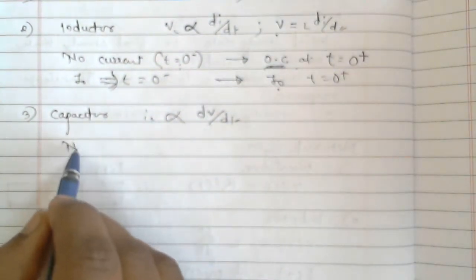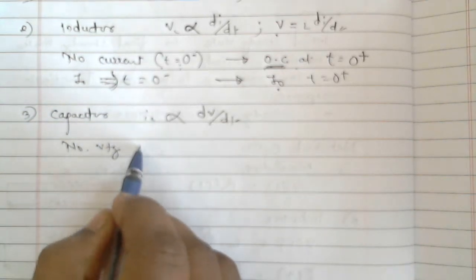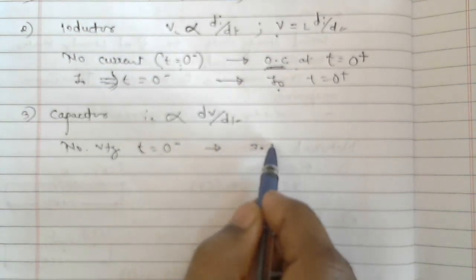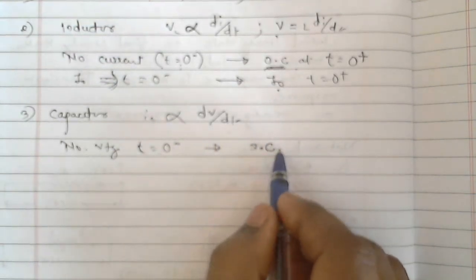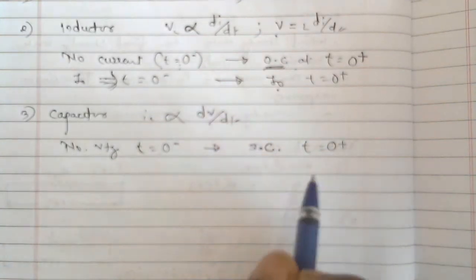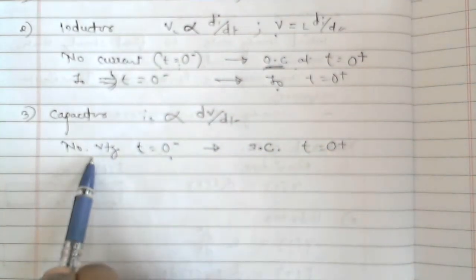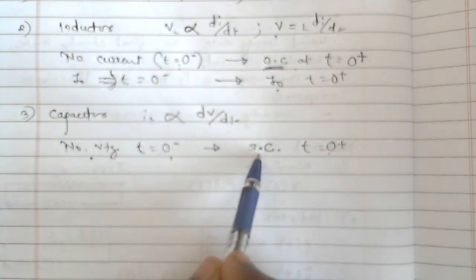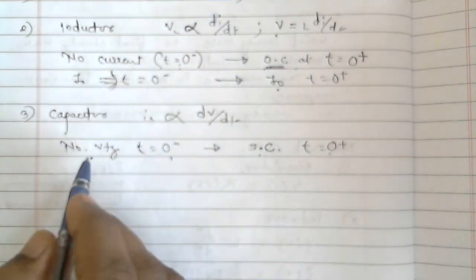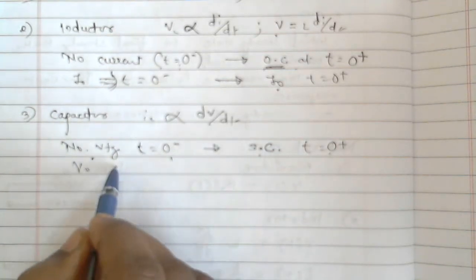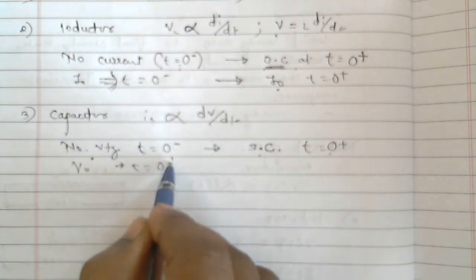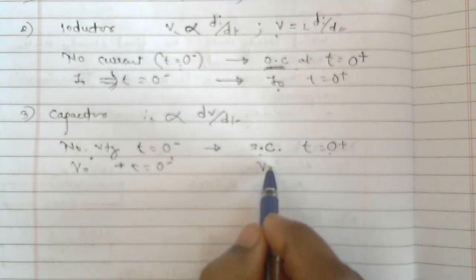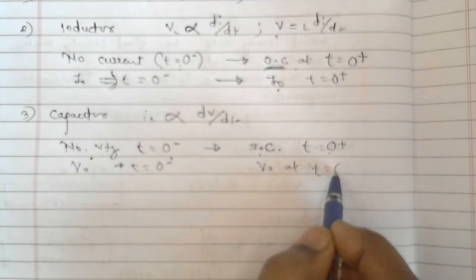If there is no voltage on the capacitor at t equal to 0 minus, then the capacitor will act as a short circuit at t equal to 0 plus, because in a short circuit voltage is 0. If the capacitor is charged to a value V0 at t equal to 0 minus, then it can be regarded as a voltage source of V0 volts at t equal to 0 plus.